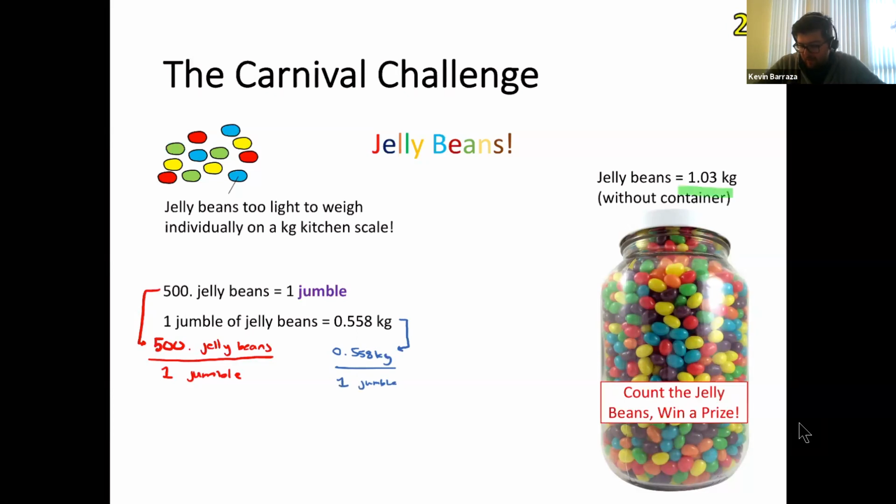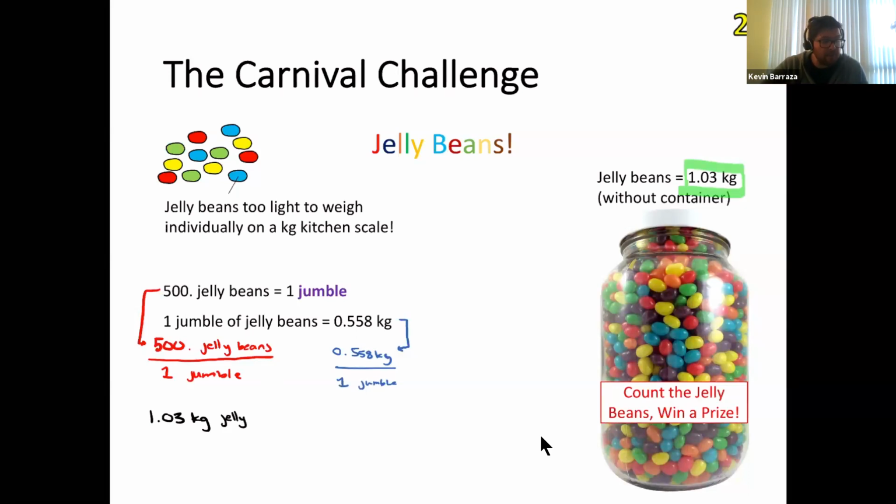So this becomes our conversion problem. I want to convert the weight of my jelly beans into the total number of jelly beans. Essentially, this is my given unit that I want to convert. And now I have fractions that can be used as conversion factors. So let's set this up and find out how many jelly beans we have. We think of the 1.03 kilograms of jelly, and I'll just abbreviate it as jelly, as the number we want to convert.